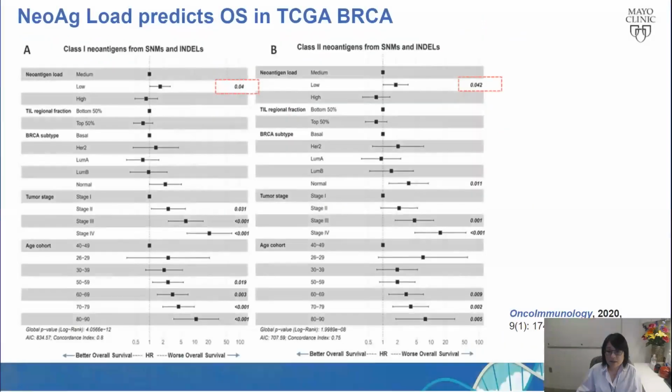However, last year we published that lower mutational burden, not TMB, is a biomarker for worse overall survival in breast cancer patients, independent of other clinical predictors such as tumor-infiltrating lymphocytes, breast cancer subtypes, tumor stage, and age at diagnosis. Again, this supports the notion that neoantigen load is a more accurate biomarker.